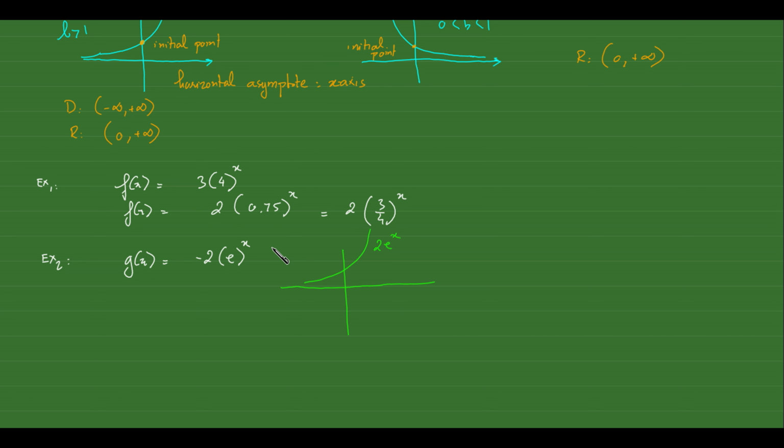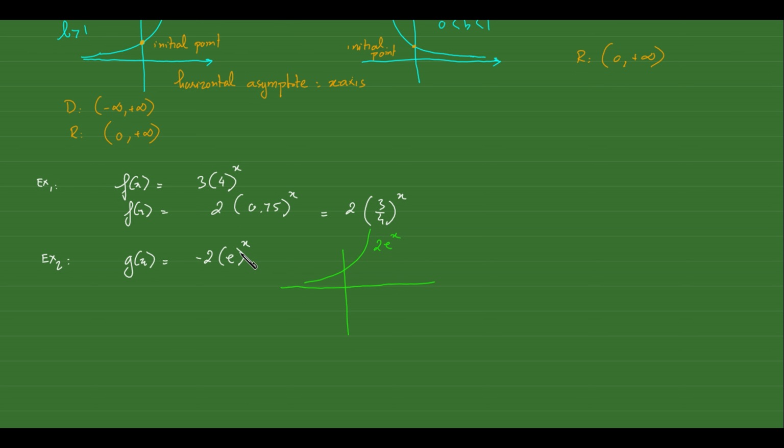The number is exactly 2.71. So that's why the e number, which is the growth factor right here, because it's greater than 1, will be increasing like that.